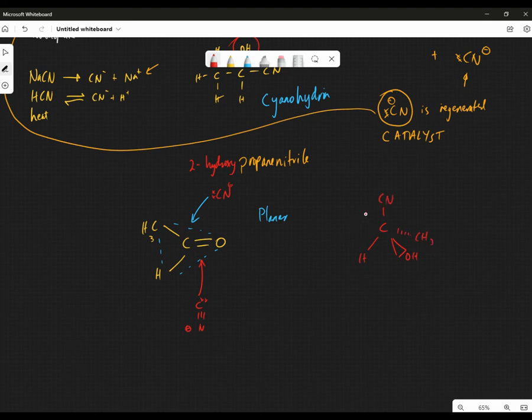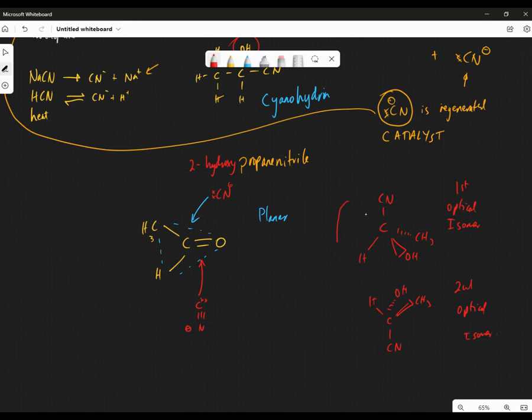And if it attacks from the bottom of the plane, we get CN, CH3, OH. So that's why if it attacks from the top, you get one optical isomer, and if it attacks from the bottom, you get the second. Let's call this the first optical isomer. Let's call this the second optical isomer.